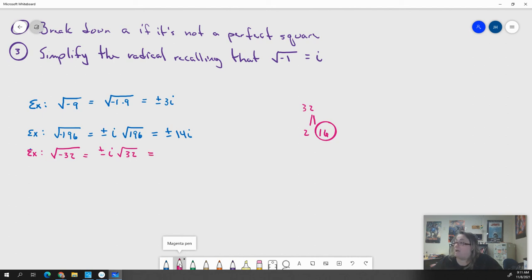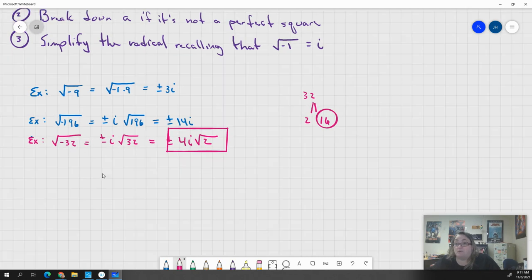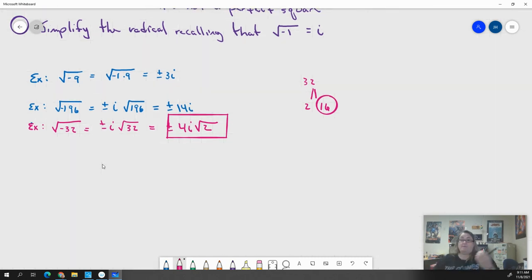So this can come out as plus or minus 4i, but that 2 doesn't have a perfect square to it, so it would have to stay underneath, right? So this is just like last week once we pull the i out. We're doing the same exact thing we did last week when we were solving these square roots, only now we have to take out that i component, that negative component, so that it's solvable.